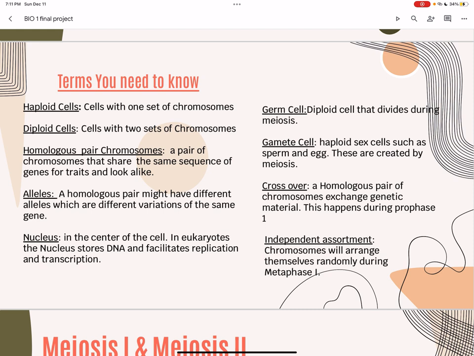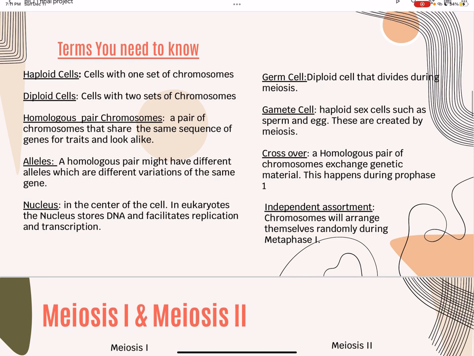Germ cells are diploid cells that divide during meiosis, and gamete cells are basically our end product of meiosis. They are haploid cells, so they're only going to have one set of chromosomes. Other names for gametes are sperm and egg. As I said before, they're created by meiosis.